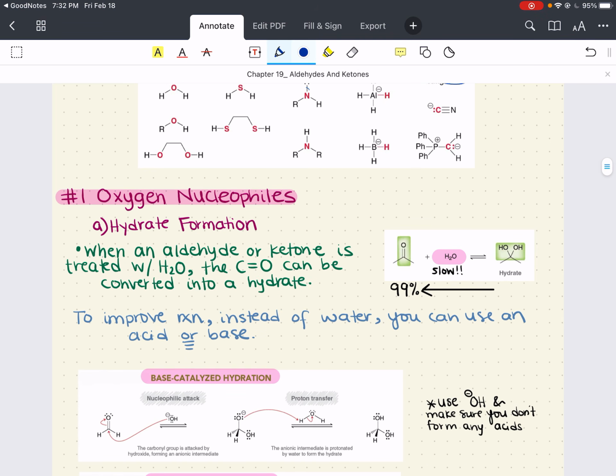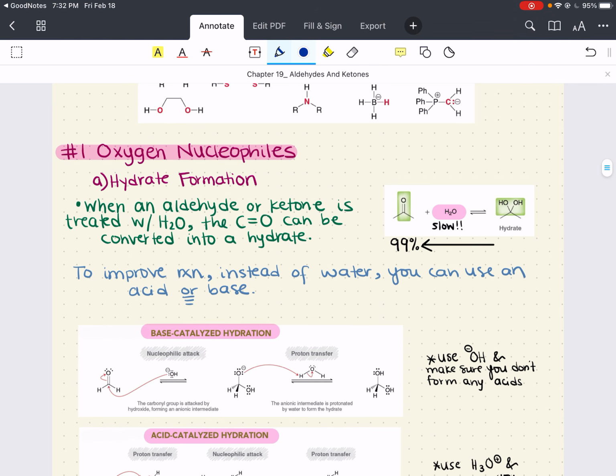Now, first, when an aldehyde or a ketone is treated with water, that carbonyl group can be converted into a hydrate. That means that carbonyl group gets converted to two alcohol groups instead.